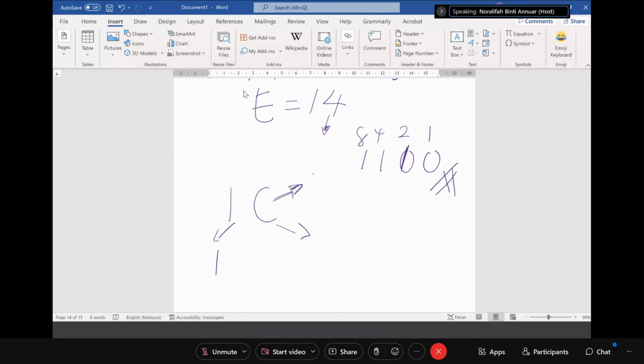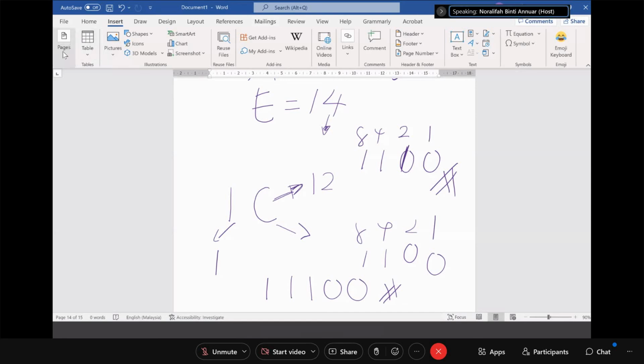Correct? 1, 2, 4, 8. So 1, 1. Combine. Final answer is 0. So macam tu you buat satu-satu.